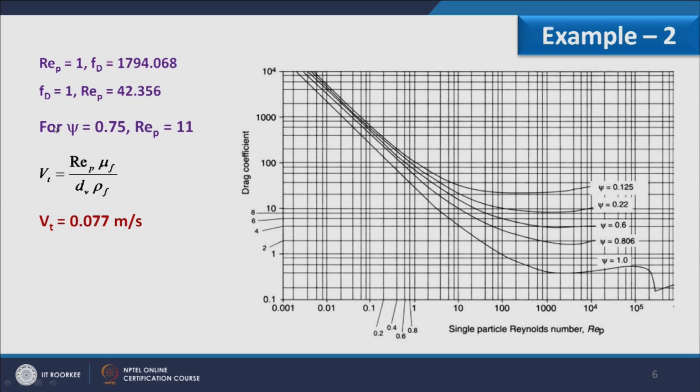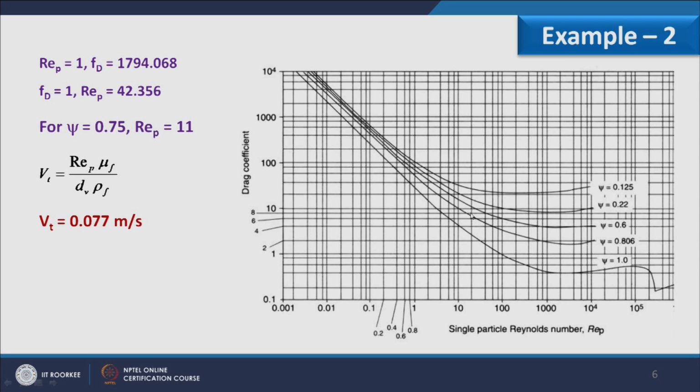We have already computed the sphericity of the particle, and it is coming out as 0.75. Now, if you see all these plots, this one is 0.125, the third plot is 0.6 and the fourth is 0.806. So, between these we can have the value of 0.75.